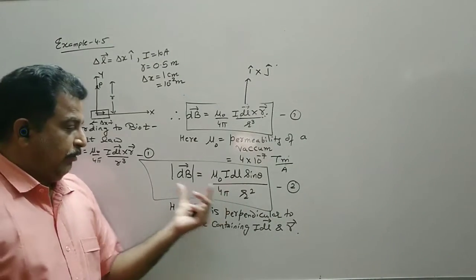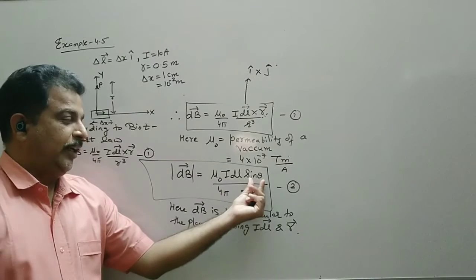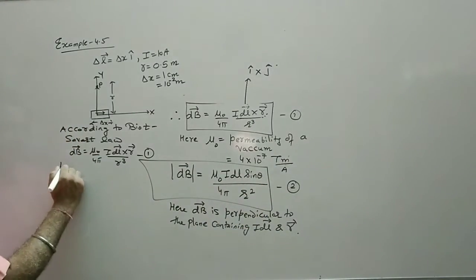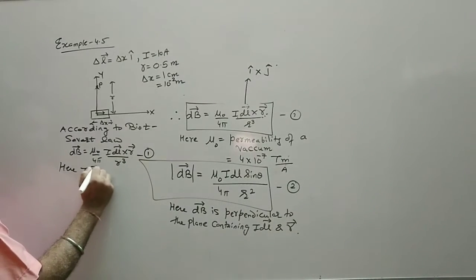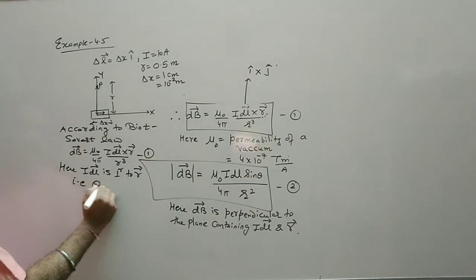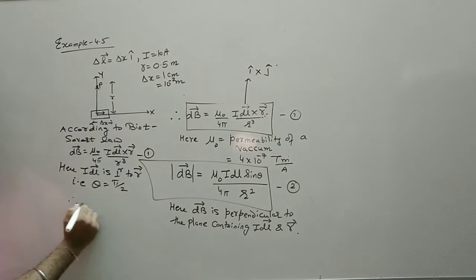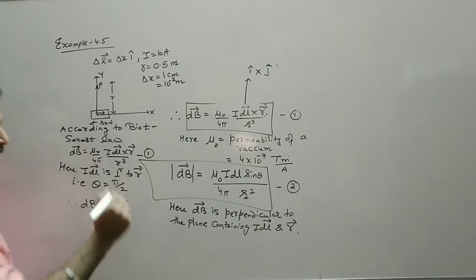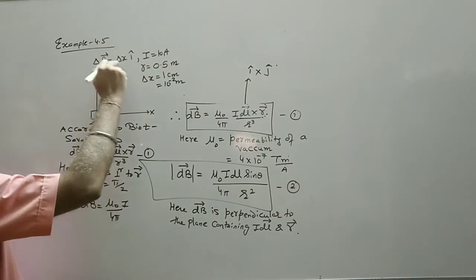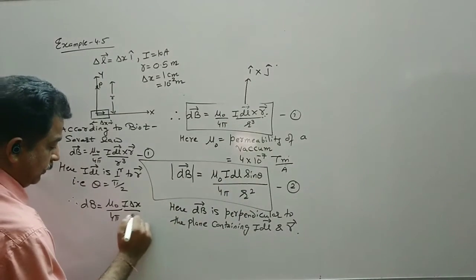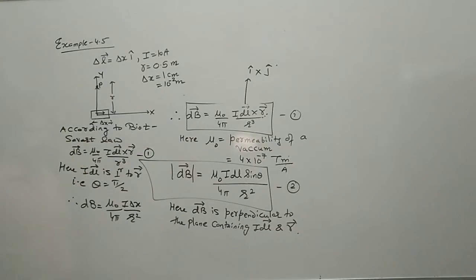So if I have to write the magnitude, clearly theta is 90, so sin 90 is 1. Here the dl vector is perpendicular to the R vector, that is theta is equal to pi by 2. Therefore dB is equal to mu naught upon 4 pi I, in the place of dl, the magnitude of dl here is represented by delta x, sin 90 is 1, upon R square. So this is the magnitude.